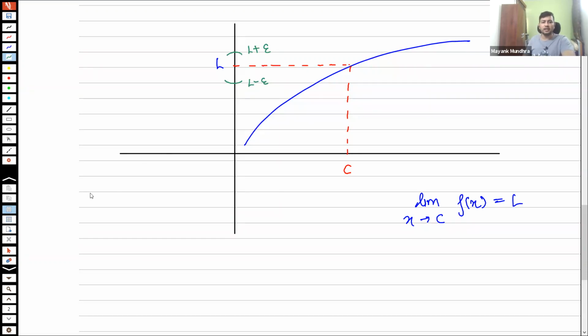So what we are saying is that for all epsilon positive, so construct any neighborhood like here, there exists delta positive. What is delta? Delta is a neighborhood around c.